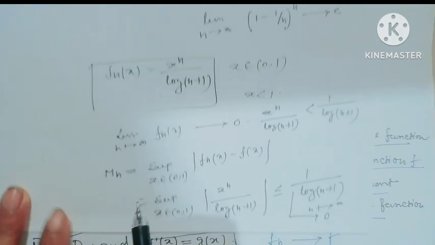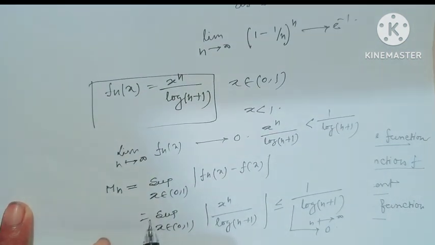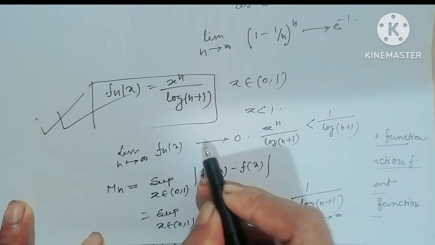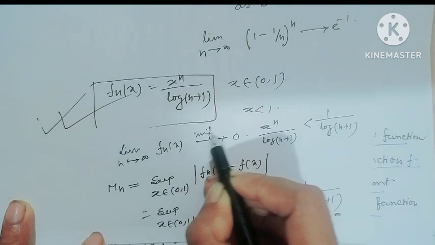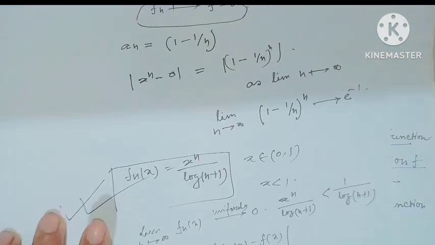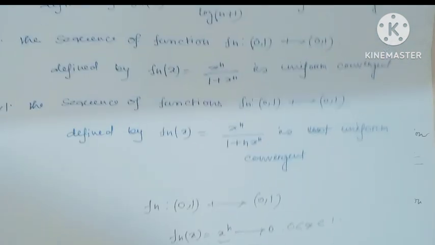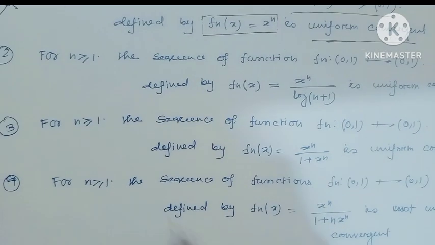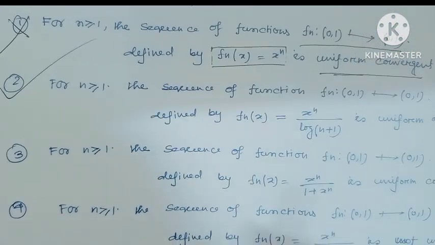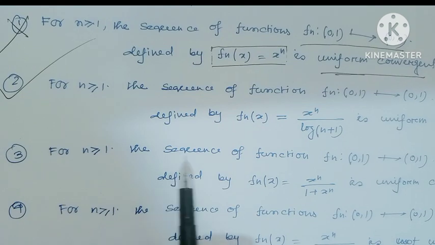So since Mn tends to 0 as n tends to infinity, this sequence of functions converges uniformly to the function f(x) equal to 0.